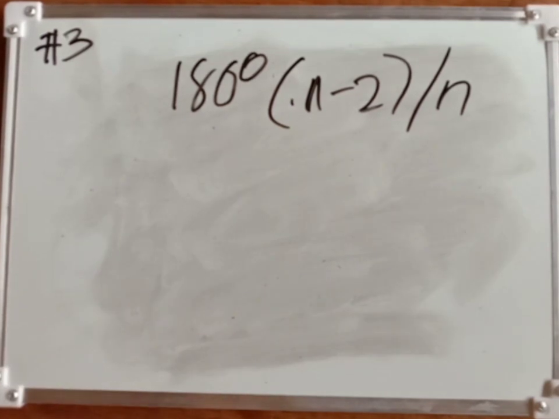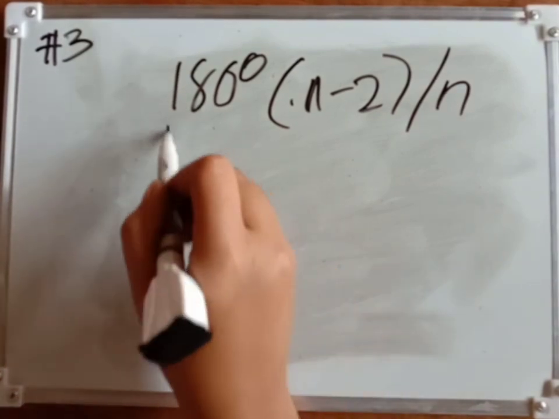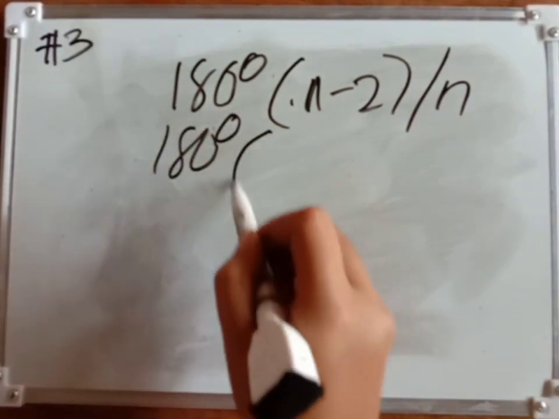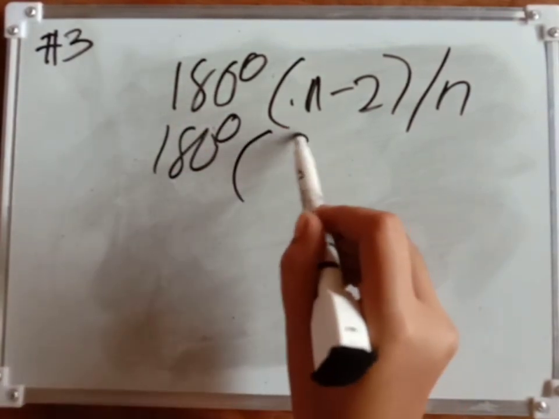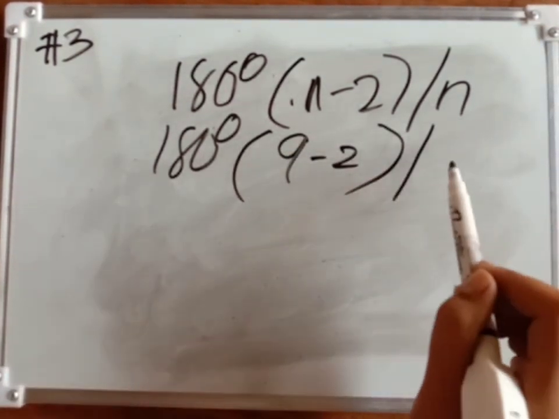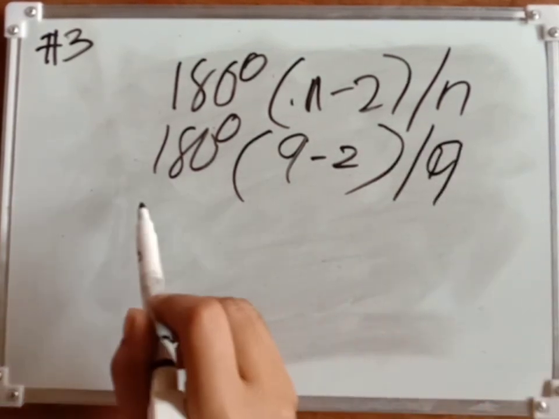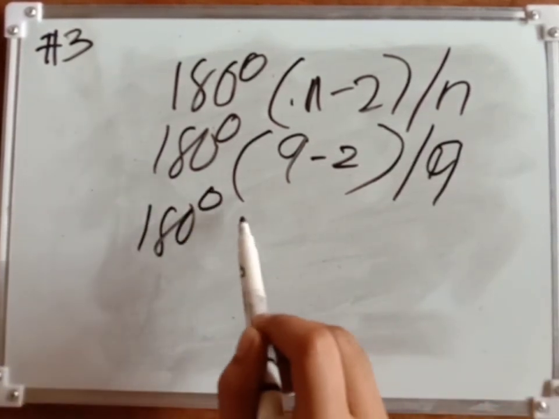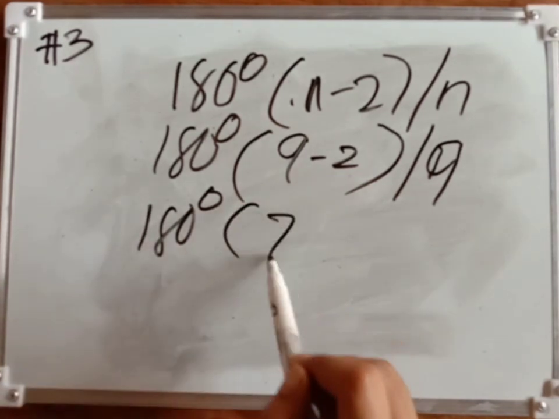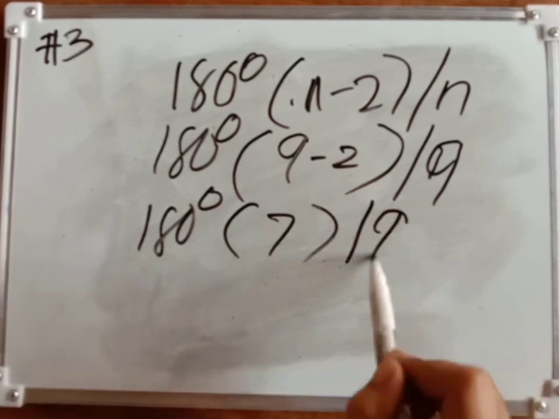So, the nonagon has 9 sides. So, 180 degrees, our n is 9, minus 2, divided by n, which is 9. So, 180 degrees, 9 minus 2 is 7, divided by 9.